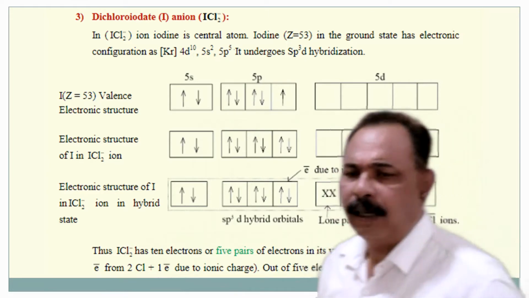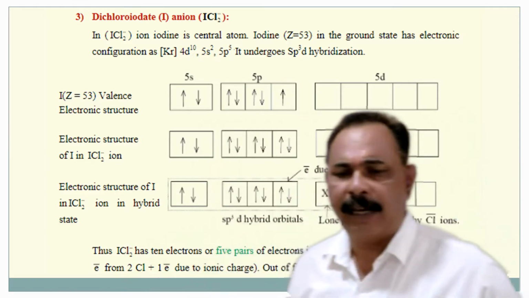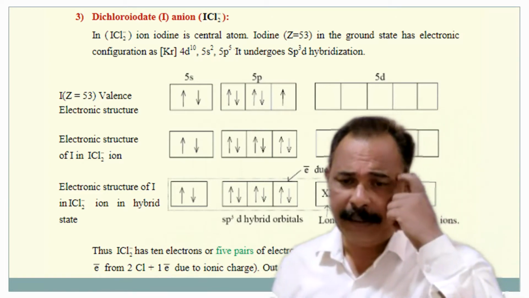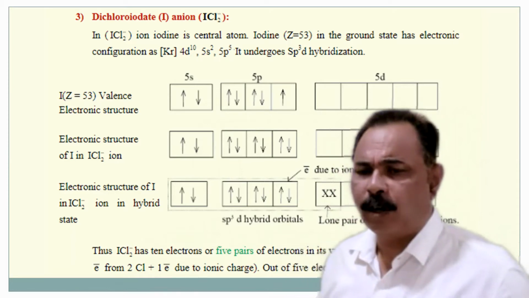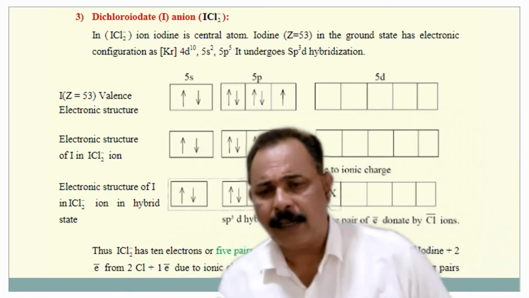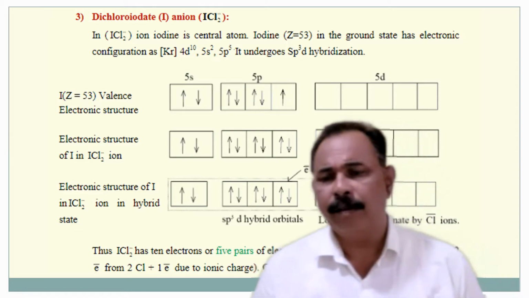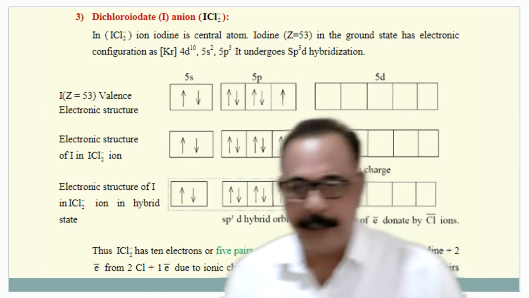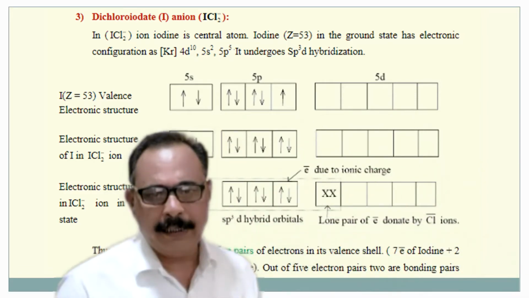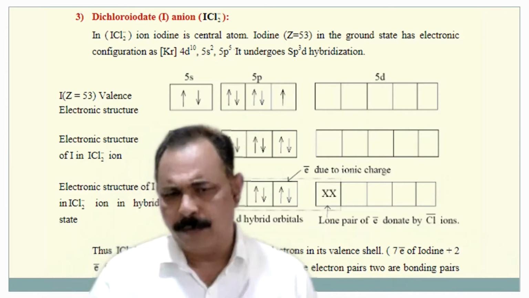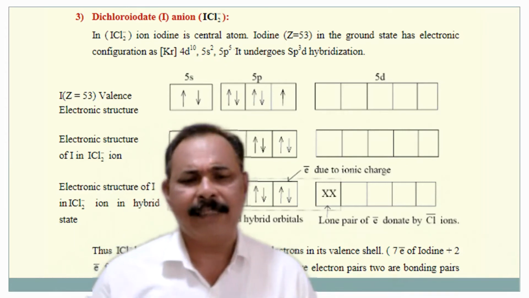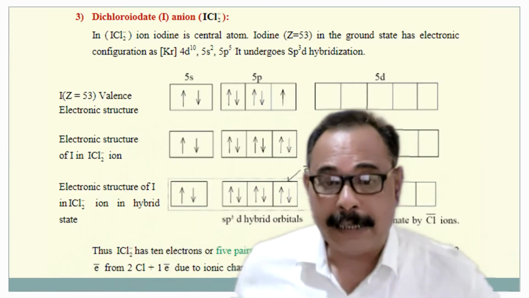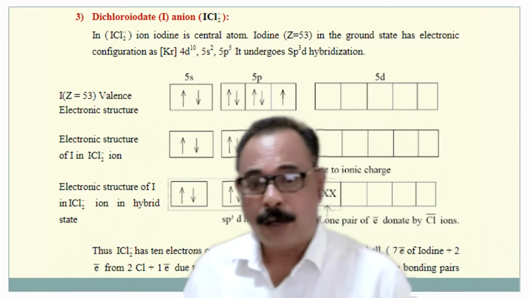The electron due to the ionic charge is added here, and you get sp3d hybrid orbitals, where the lone pairs of electrons donated by chlorine occupy the 5d orbital, designated by XX.